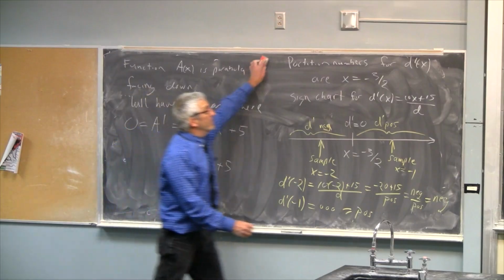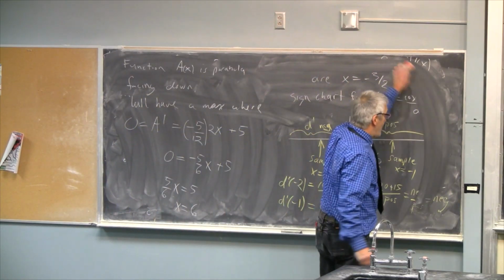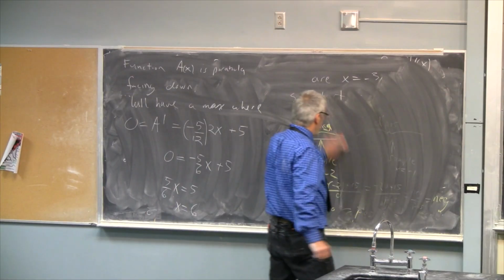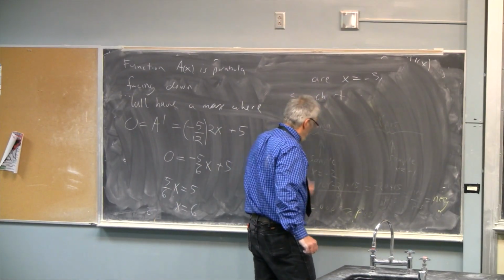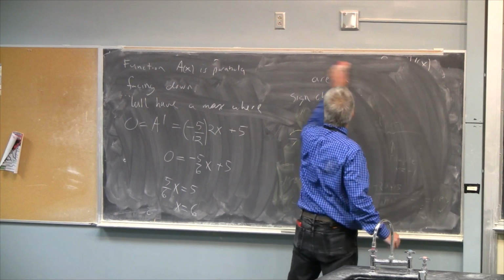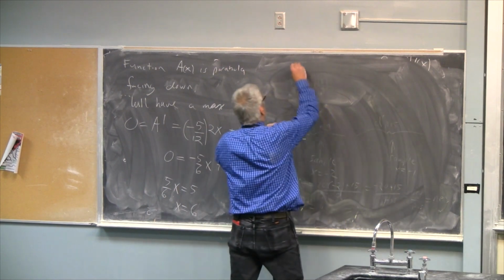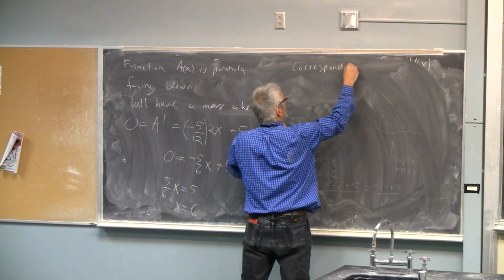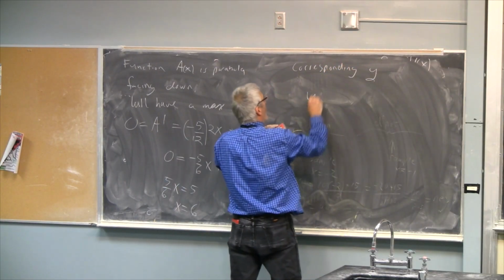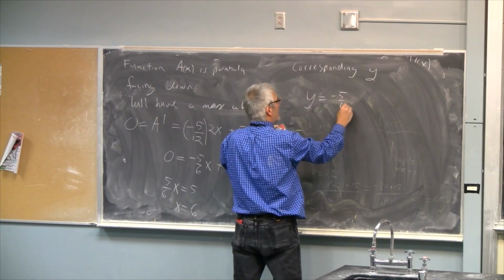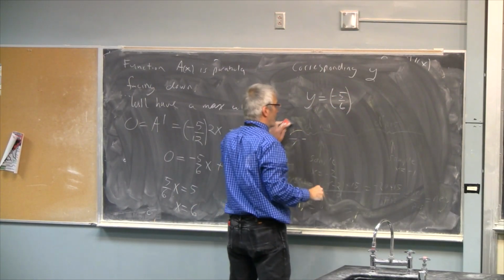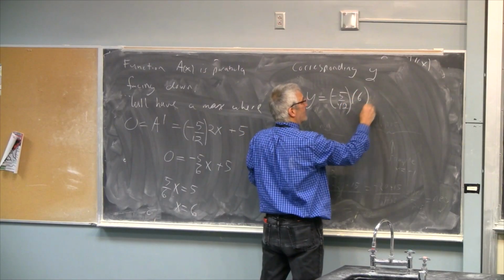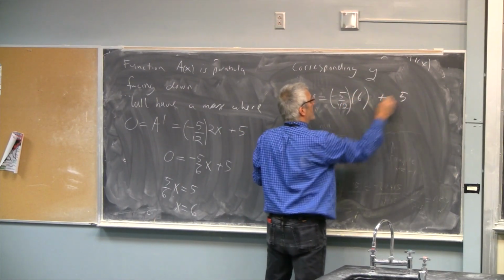So that's our value of x, but our question was not to find x or even to find y. Our question was to find the area. Well, let's get our corresponding value of y. It will be y equals minus 5/12 times that x value, 6, plus 5.